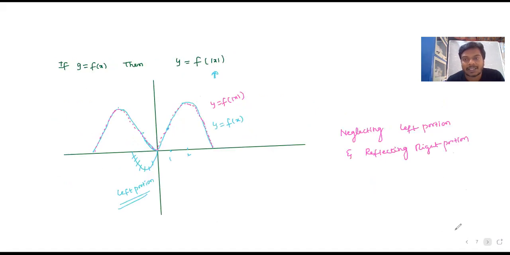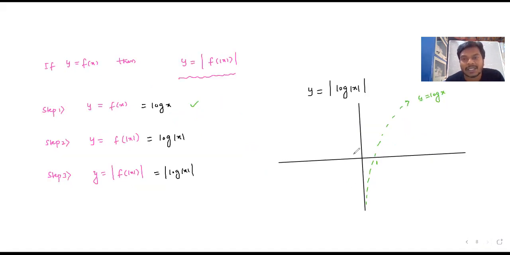We have to neglect the left portion, but there is no left portion, right? So directly we have to draw its image. That means log of mod x means both this one as well as, with another color, I am going to represent.